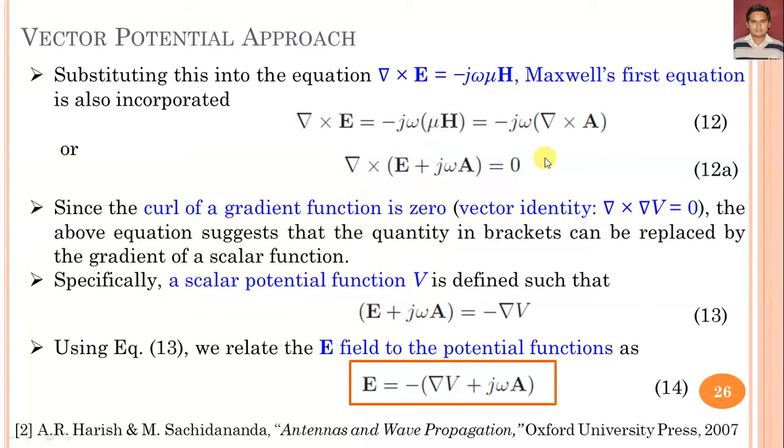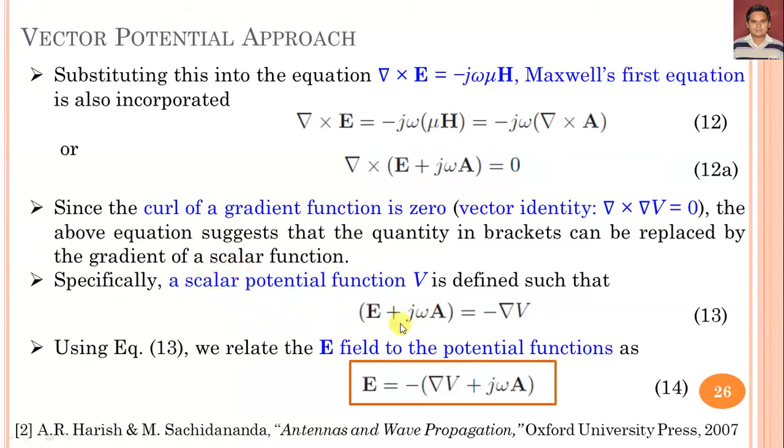Here you can see the expression. Since the curl of a gradient function is 0, and this is known as a vector identity, del cross del V is equal to 0, the above equation suggests that the quantity in brackets can be replaced by the gradient of a scalar function.